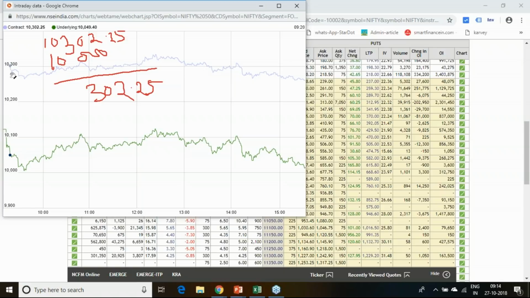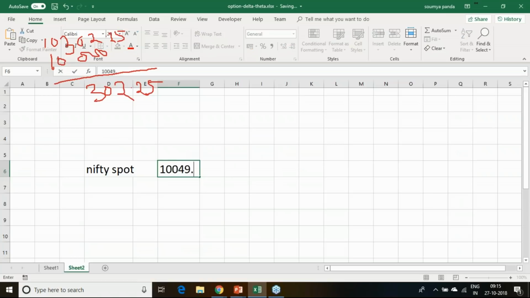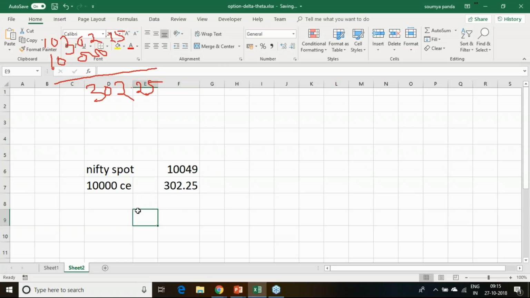Put this information here: Nifty spot was 10,049.40, and the 10,000 call option was at 302.25. This is the information we got.